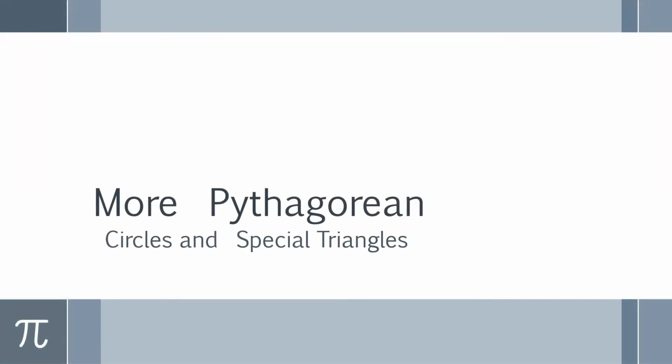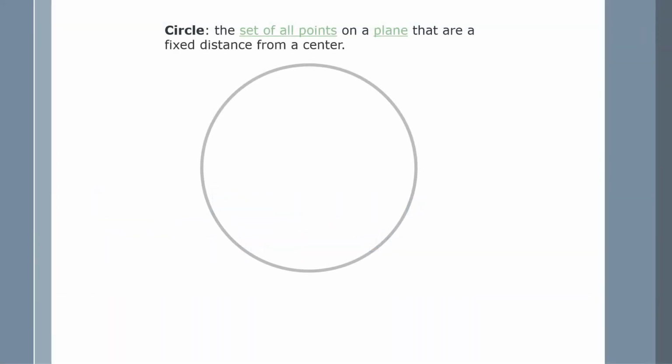Okay. Now let's get back to the Pythagorean. There are circles and special triangles. All right, y'all. Here's a definition that you must remember, and I will be asking you this on your quiz. A circle is the set of all points on a plane that are a fixed distance from the center.